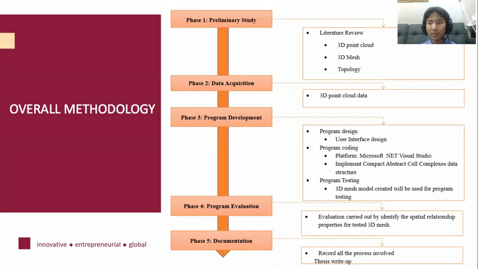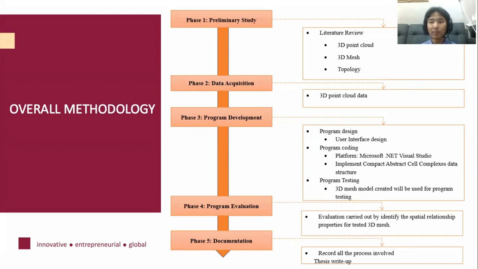The first phase of the study is to conduct a preliminary study. The purpose of conducting a preliminary study is to identify the problems on why the 3D mesh needs topology and how to solve it. In order to state the problems, a review of existing literature from various sources such as books, journals, articles and websites is conducted.